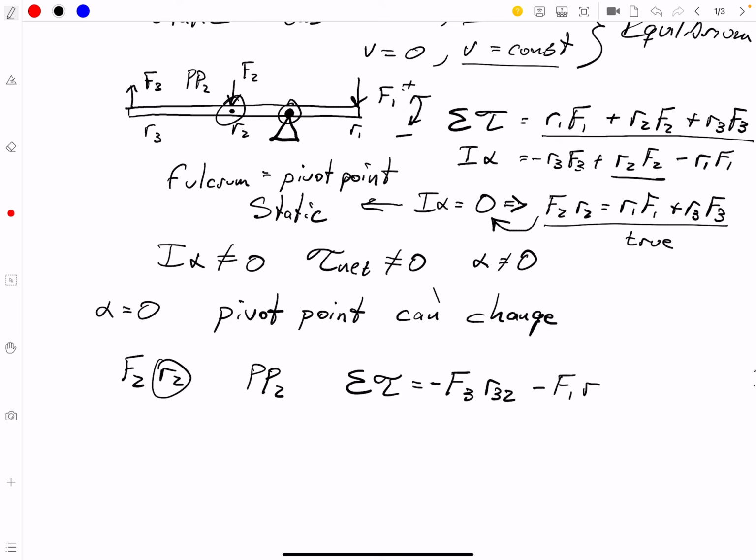F1 R1 2. So R1 2 is this distance. And this is R3 2. And this would be our I alpha equals 0.